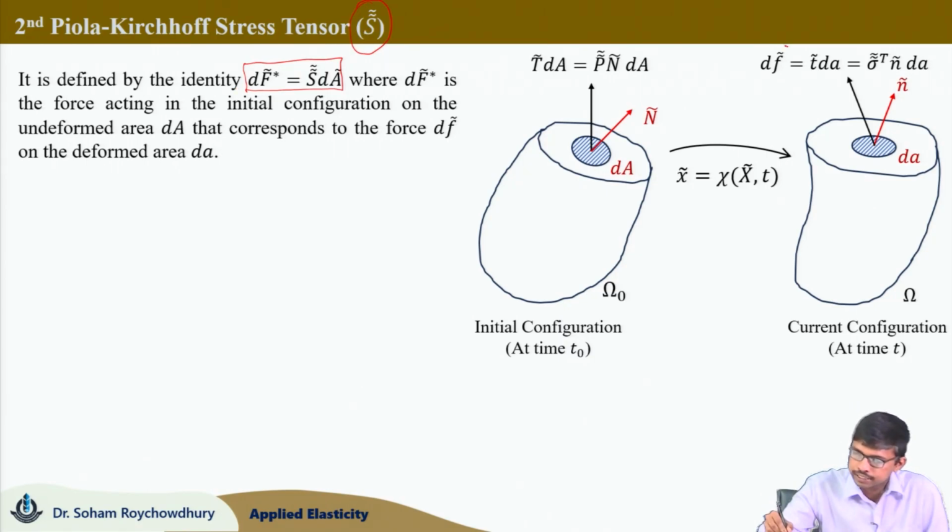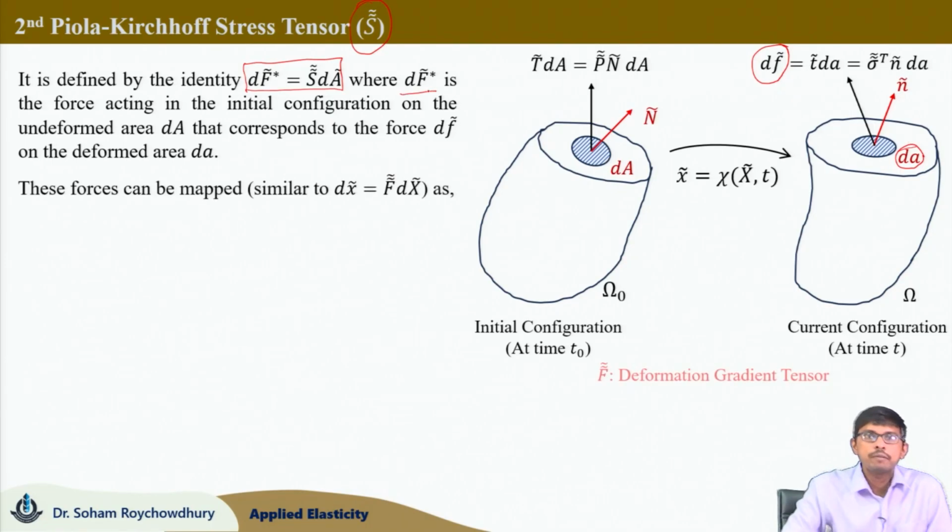So, as we had discussed while deriving the first Piola-Kirchhoff stress tensor, df is the force acting on the current configuration on the deformed area da. Now, we are defining a force dF* through a mapping which maps this df force into dF*.